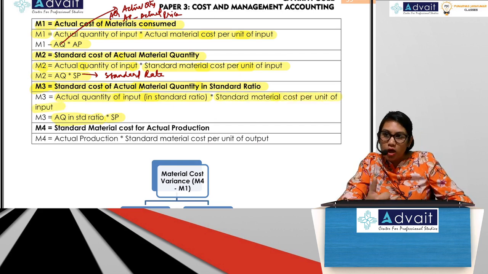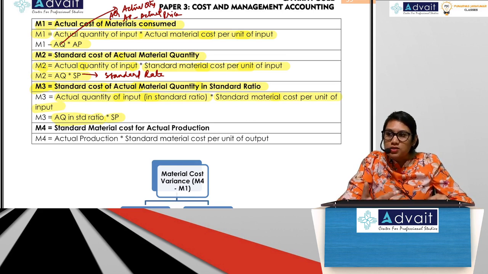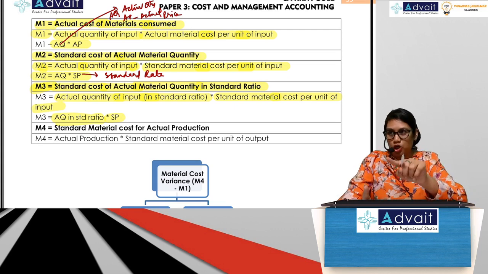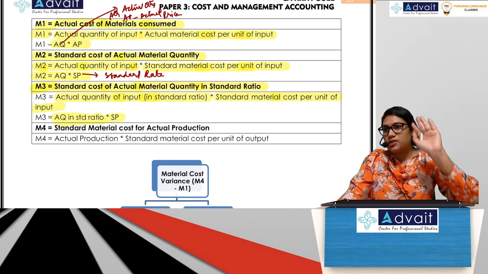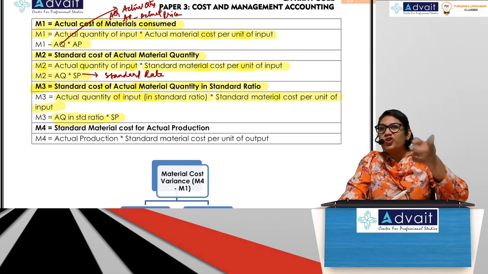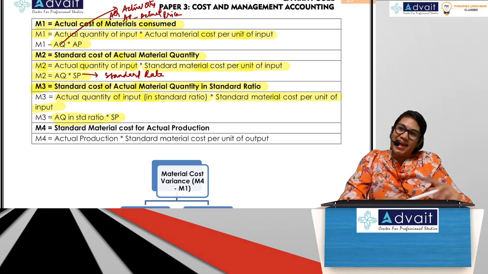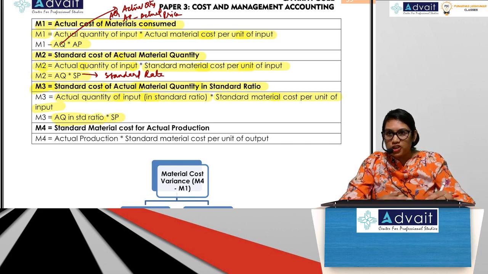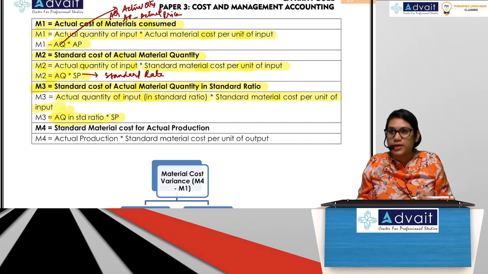So M1 was AQ into AP. M2 was AQ into SP. M3 is AQ but in standard ratio into SP. So guys, we don't use SQ. We don't use SQ. And even AP is used only once. So majorly if you see, we started with AQ. This is also AQ.